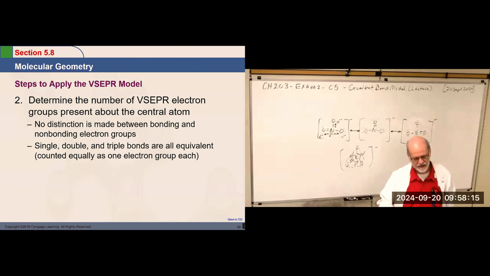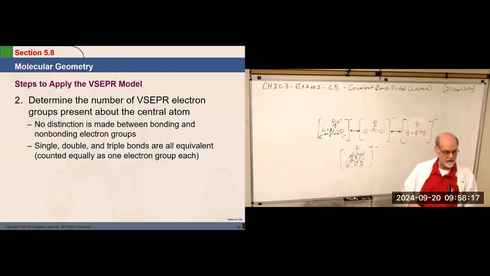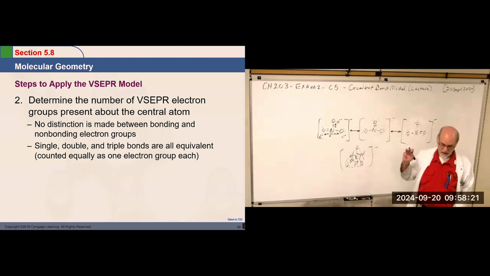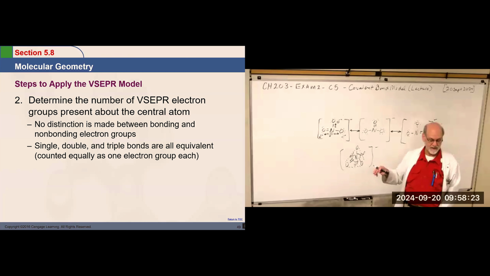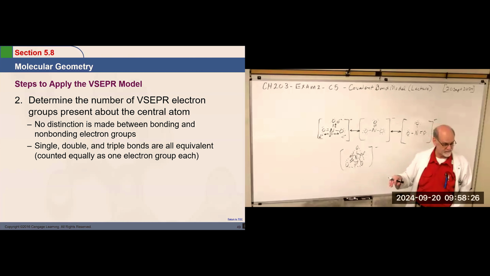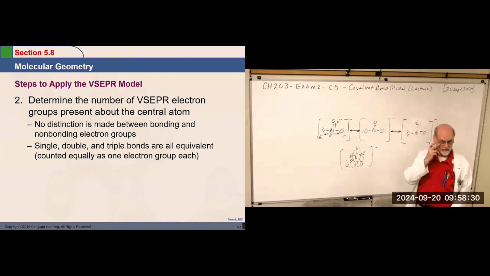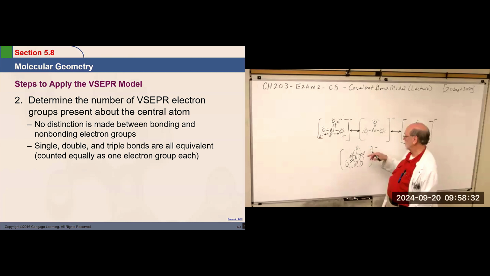That's just one of the lines of evidence that we use to determine that this resonance idea is not reality. It's just the fix that we added to our theory so that we could draw the structure in Lewis format. But actually, it should be drawn like this.